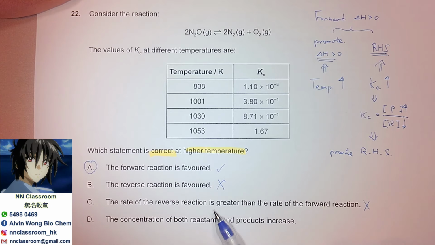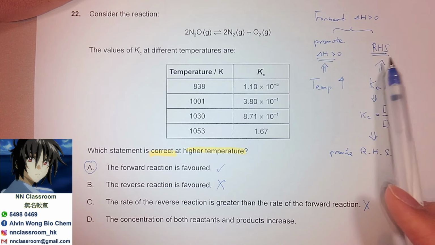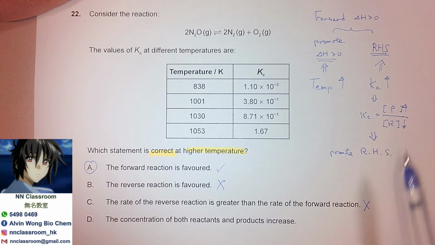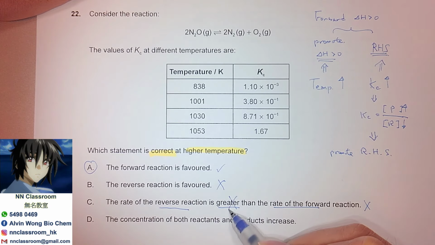Why? Because under high temperature, it's true that both the forward and backward reaction will be favored. This is important. But the thing is, we concluded that the right hand side is more promoted. So which means the forward reaction should be faster than the backward reaction. So that's why reverse greater than forward is obviously wrong. In fact, it should be forward greater than the reverse.